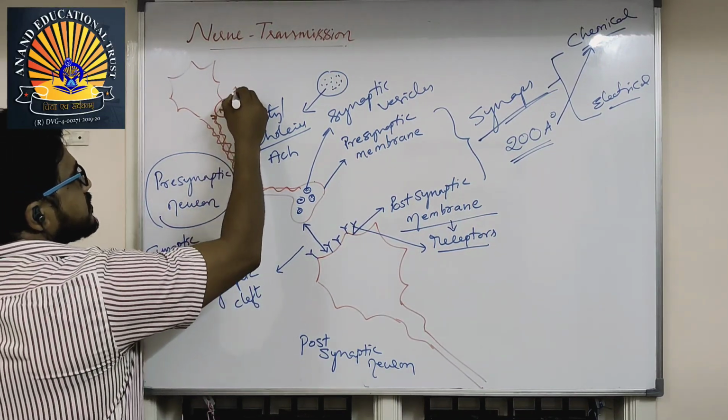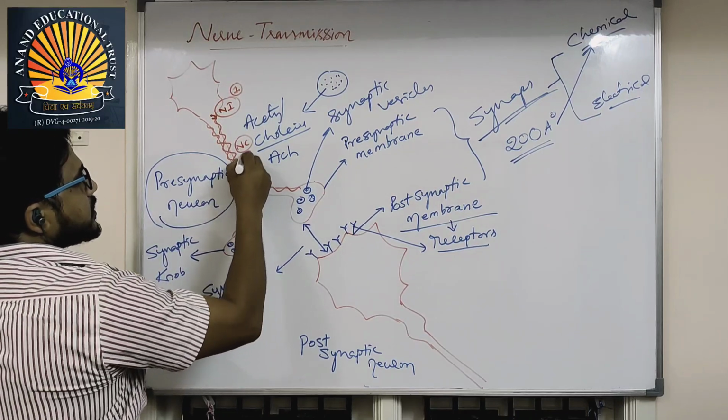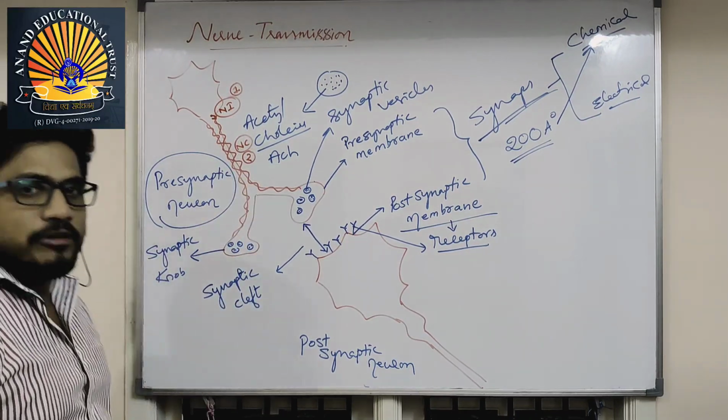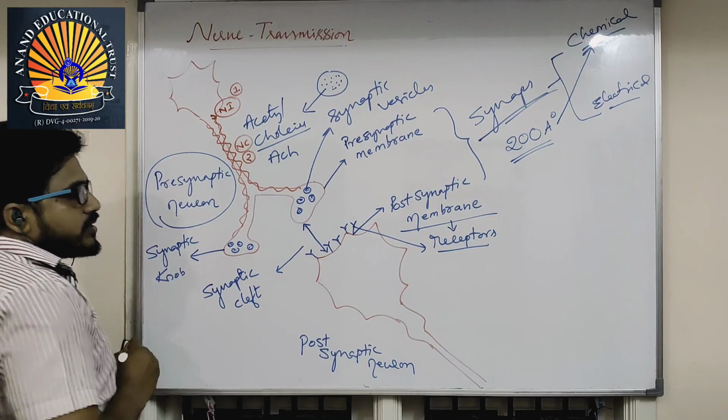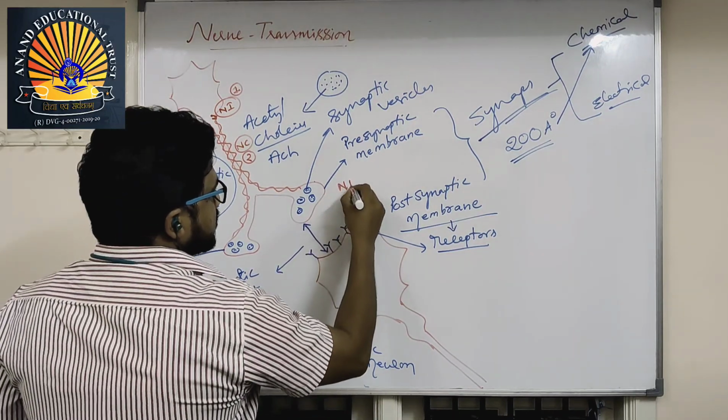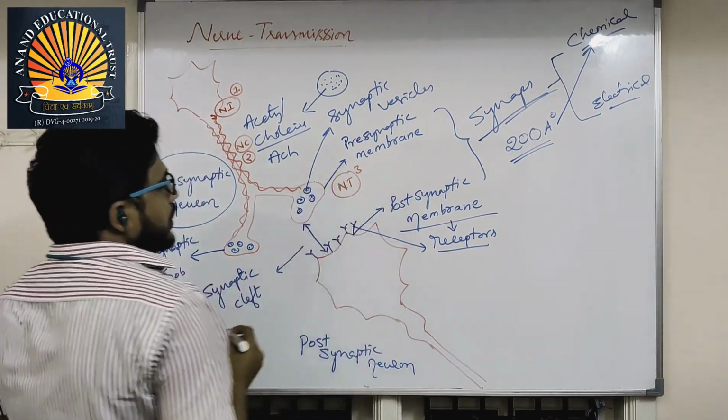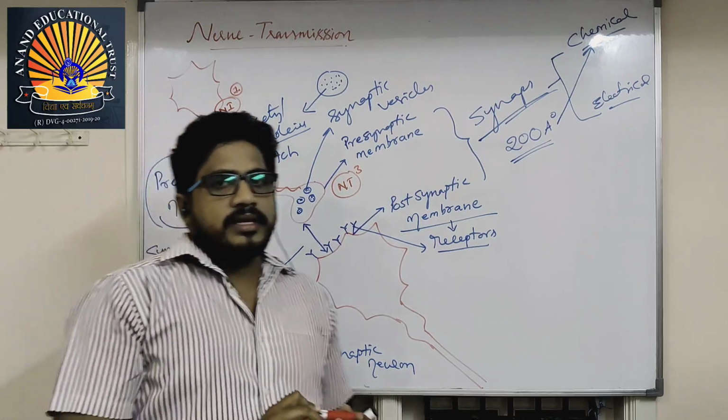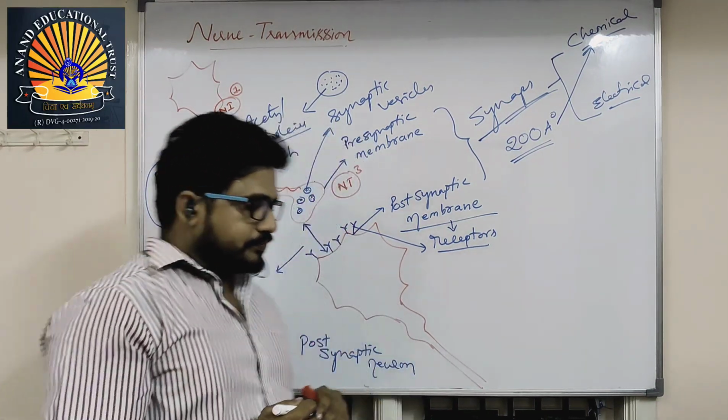Nerve impulse is first, nerve conduction is second, and third is neurotransmission. These are the three important functions of the neuron.